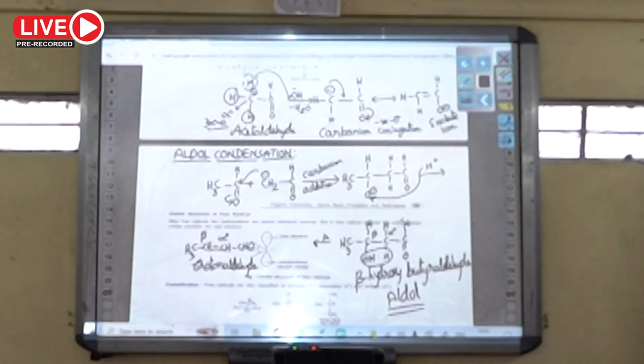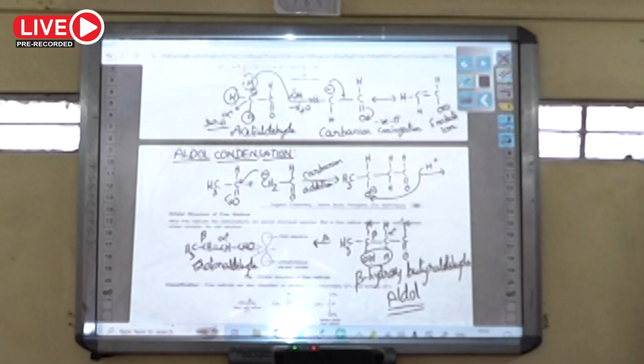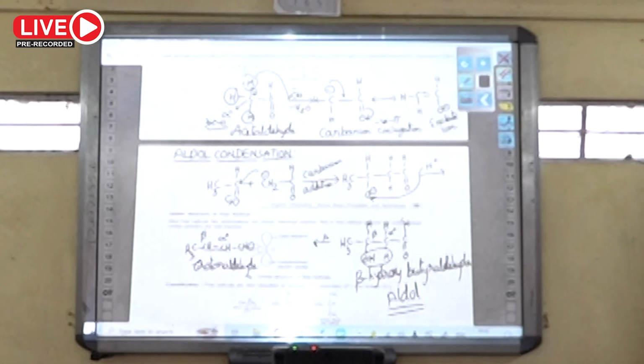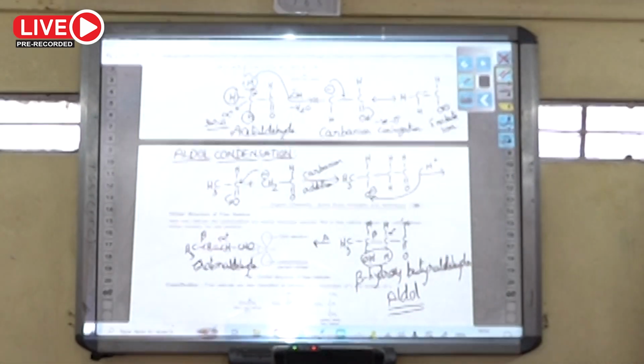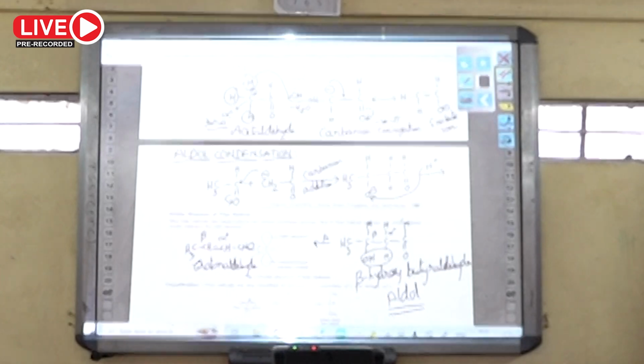So how is a carbanion formed in the first step? The OH minus removes one of the alpha hydrogens in the form of H plus, resulting in a carbanion. That carbanion is stabilized by negative pi conjugation, resulting in enolate ion. That carbanion attacks the second molecule of aldehyde. Write a point here.